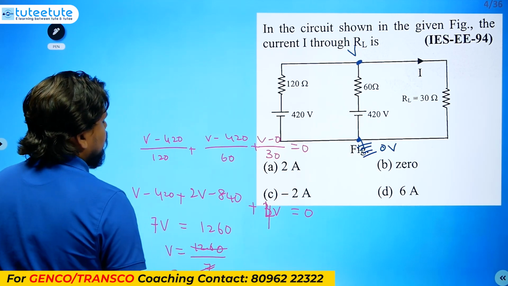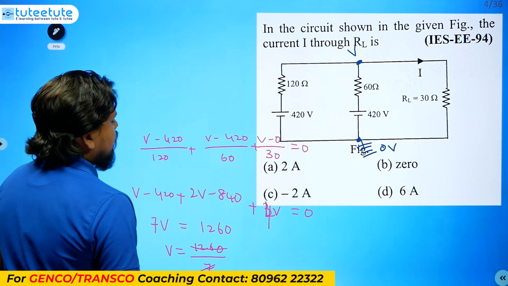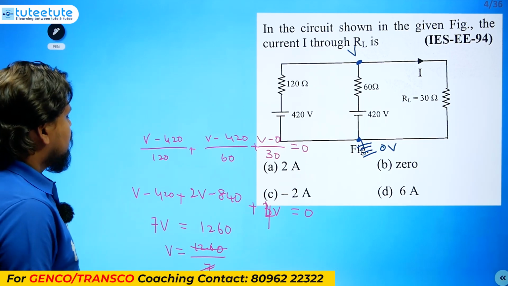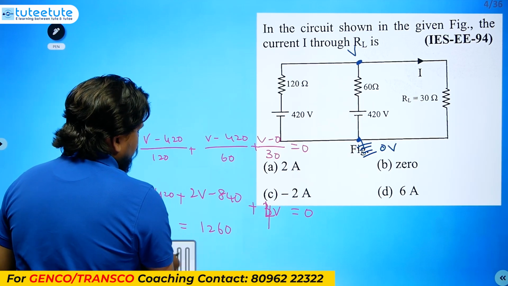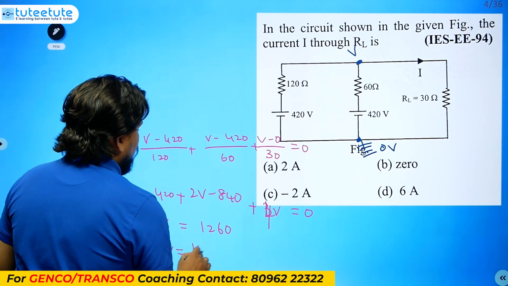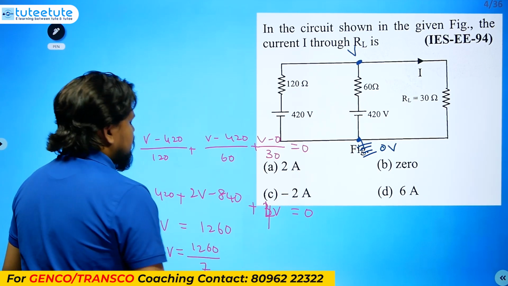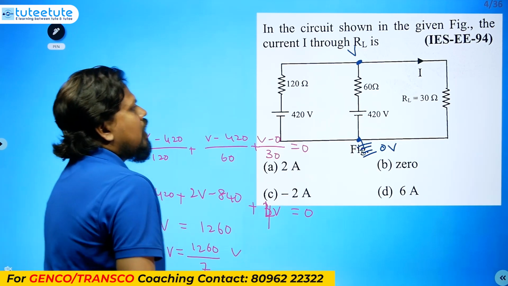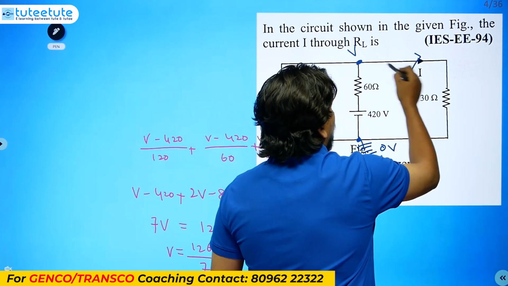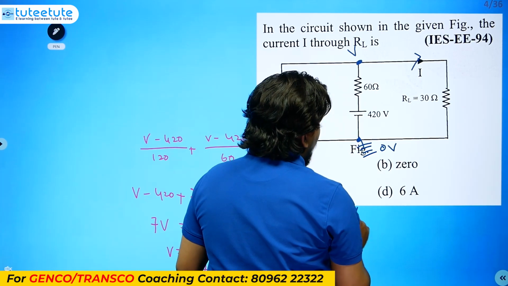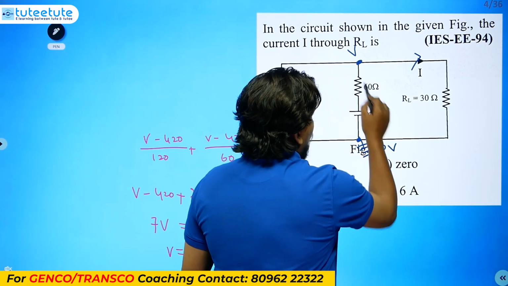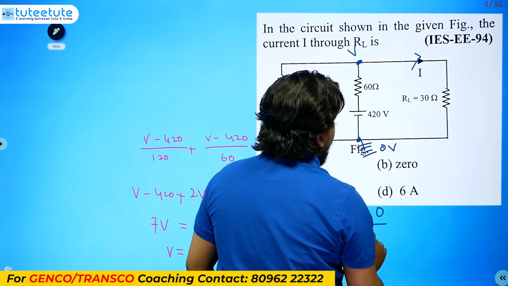So this is the voltage, and what we need is the current in this branch. The current I equals V minus 0 divided by 30.